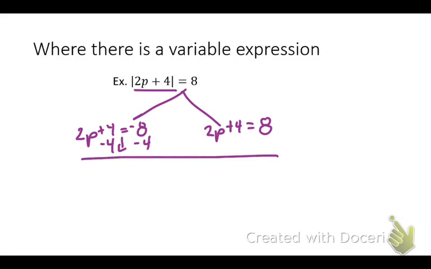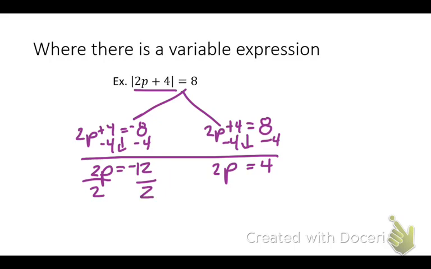If you notice, we have to do the exact same steps. I just might have different answers as I do it. So this will leave me with 2p equals negative 8 minus 4, which is negative 12. And for my other equation, I have 2p equals 8 minus 4, which is just positive 4. Now I have 2p, so I need to divide by 2, since 2p stands for multiplication, so I use division to get rid of it.